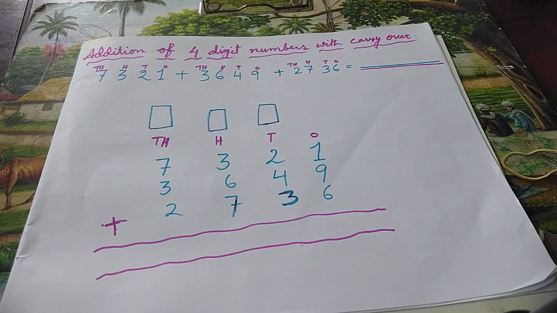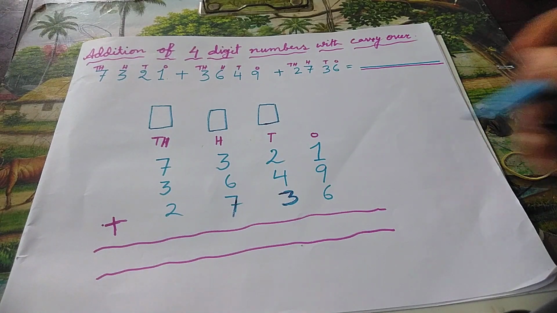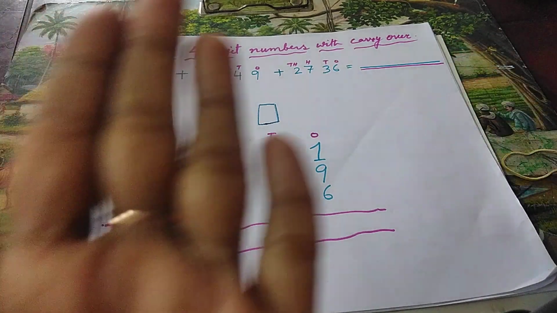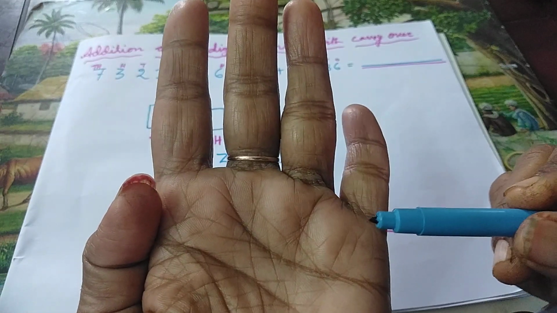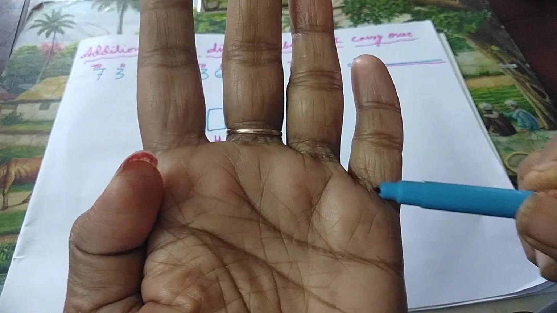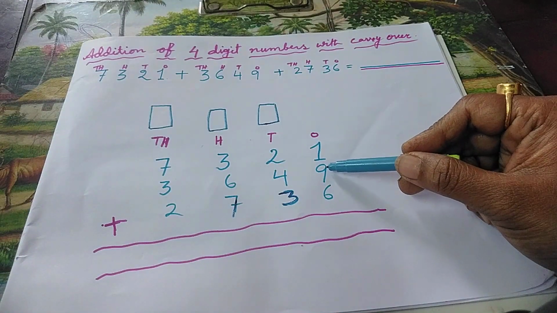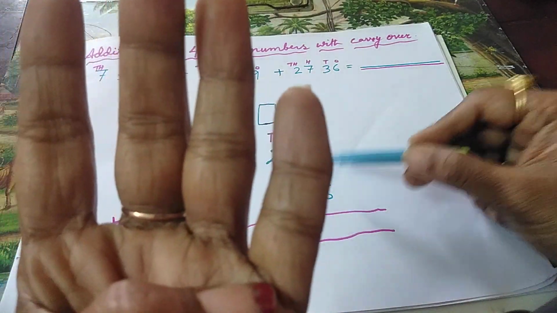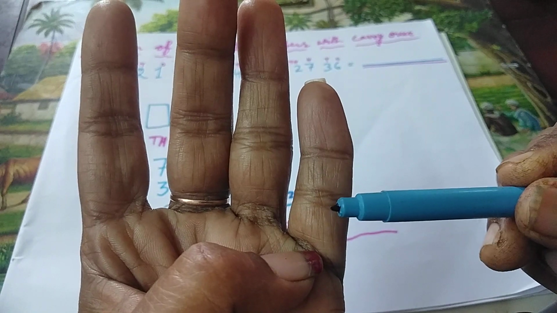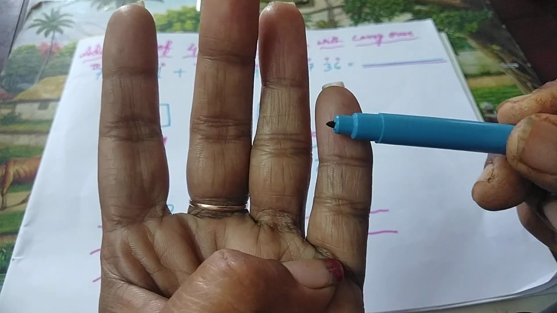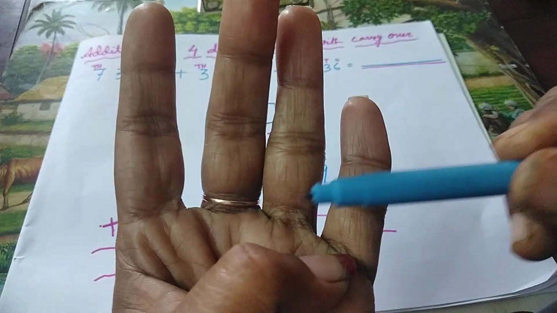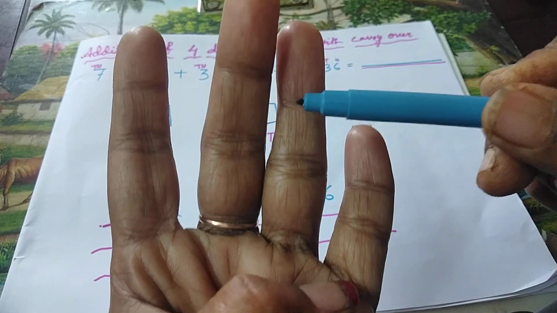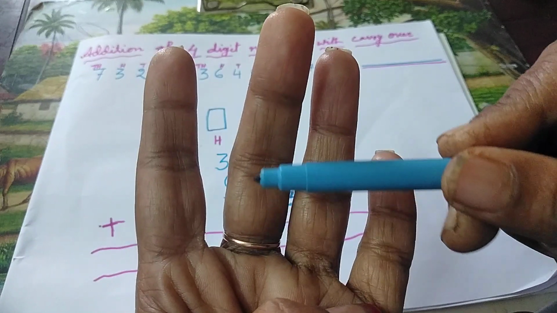Okay. Children, always remember, when you add, always start adding from your right side. Okay. So, the first digit is 1. So, count 1. The second digit is 9. From the next house, count more 9 lines. 1, 2, 3, 4, 5, 6, 7, 8, 9.